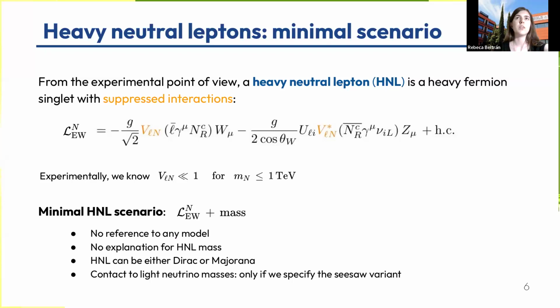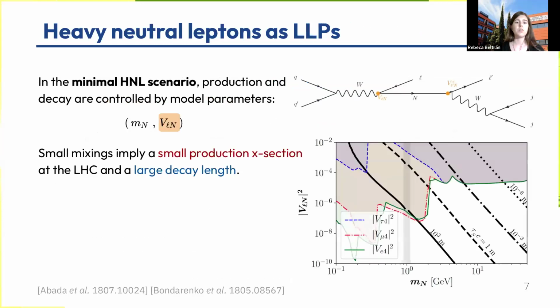one might wonder about the utility of this HNL setup, right? The thing is that this minimal framework is what experimentalists typically use to analyze the data. In this setup, you just have the mixing angle and the mass of the HNL.